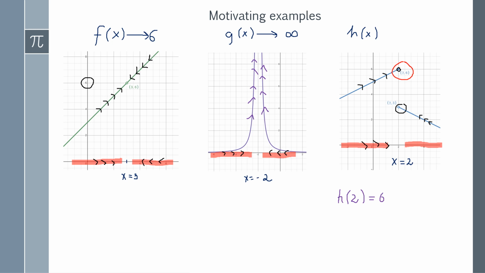Okay, so here's your first example of what can happen to a function when it's approaching different values. All right, but the main point of these examples is just to show you that limits, it's just the behavior. Think about limits as behavior of a function around a particular value of x.